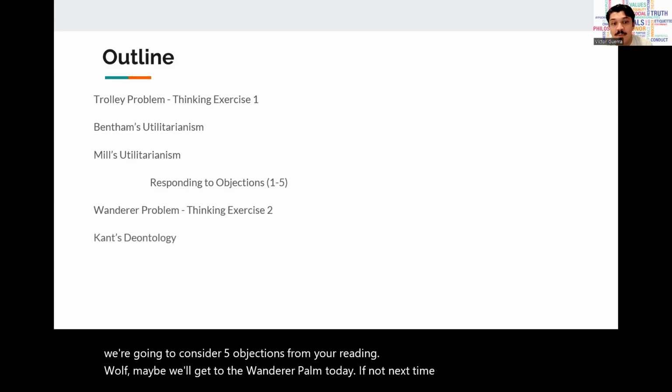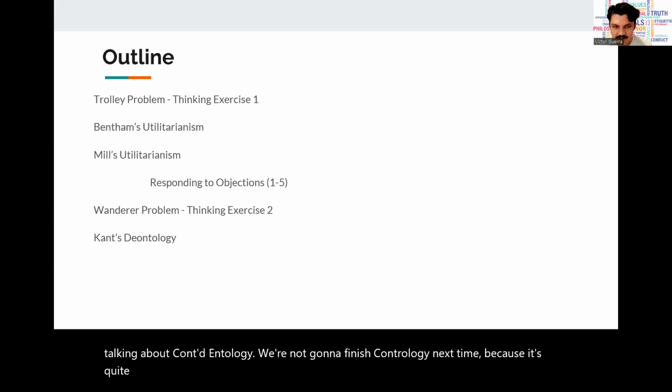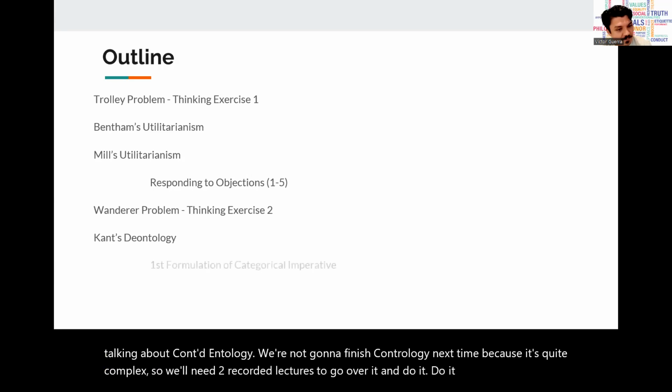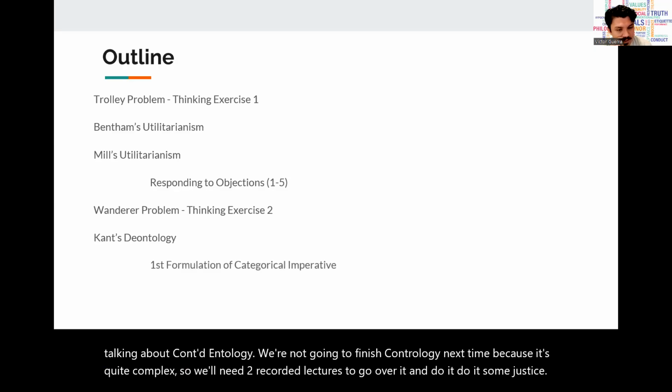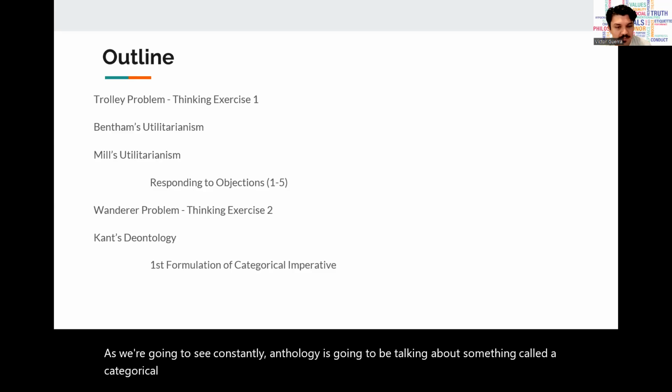And next time we'll start talking about Kant's deontology. We're not going to finish Kant's deontology next time because it's quite complex, so we'll need 2 recorded lectures to do it some justice. Kant's deontology is going to be talking about something called a categorical imperative. An imperative is a fancy way of saying it's something you have to do.